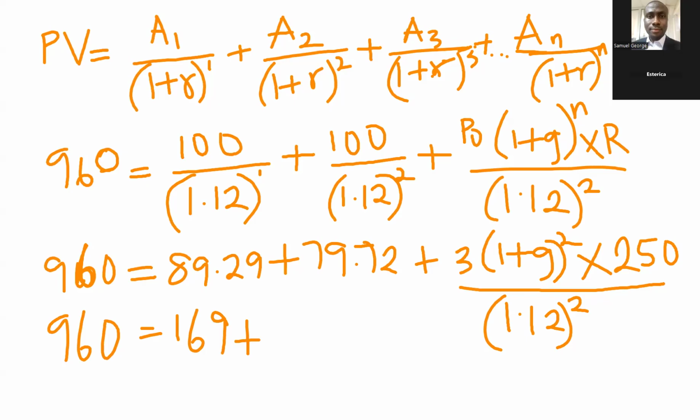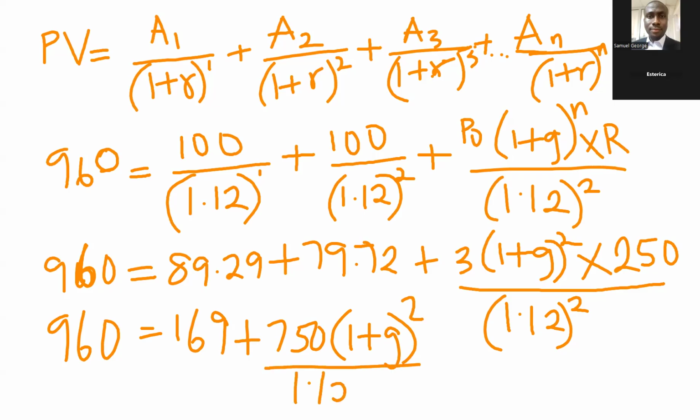We can say 3 times 250, and 3 times 250 is equal to 750. So 750 times 1 plus G raised to power 2, all divided by 1.12 raised to power 2.